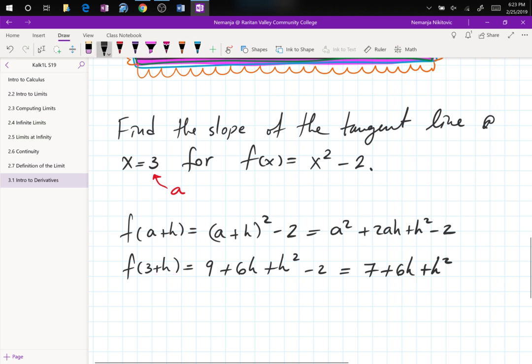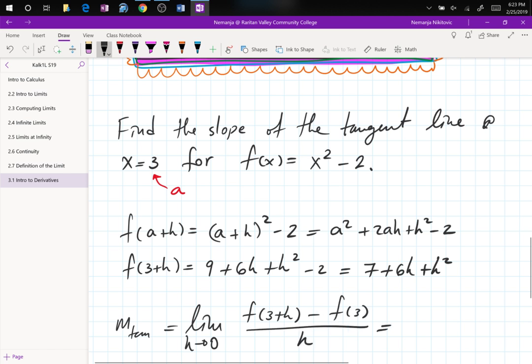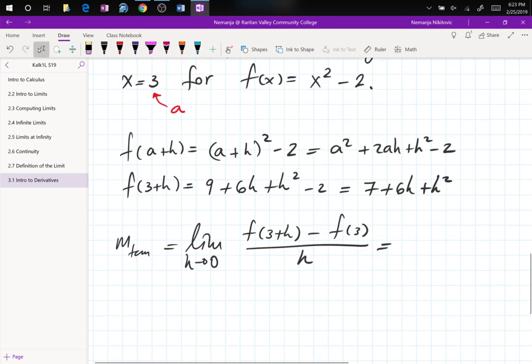So, m tangent is going to be the limit as h goes to 0 of f of a plus h, so it's f of 3 plus h minus f of 3 divided by h. Well, we have all of these, so just plug them in.